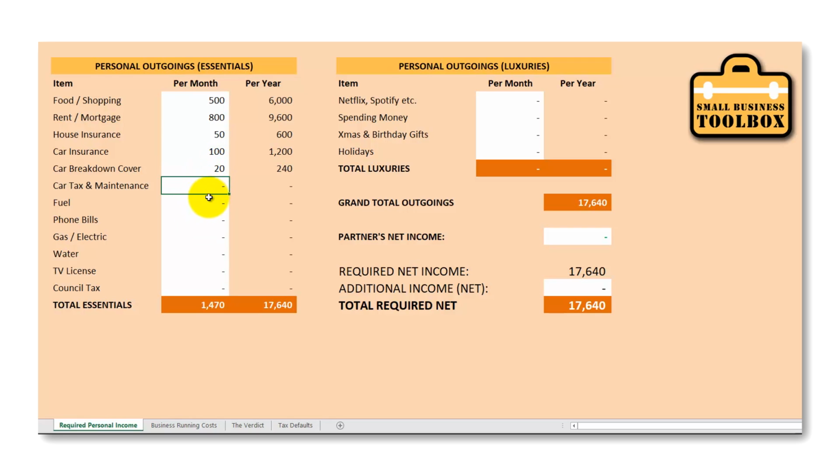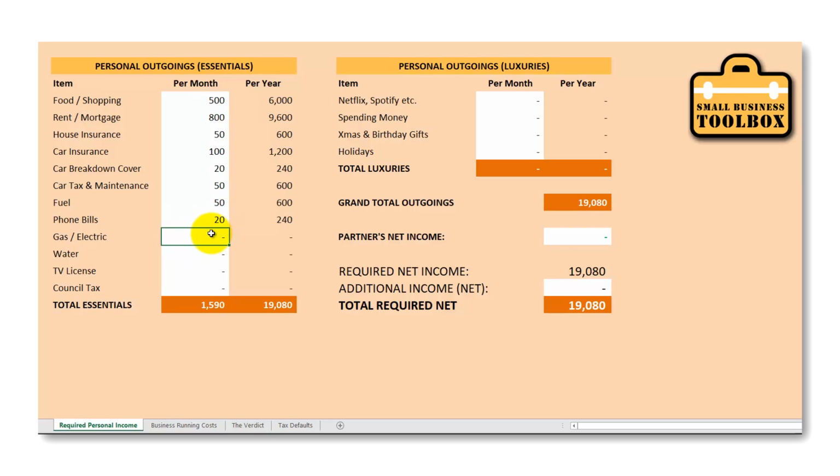Car tax and maintenance, easily £50 a month. Maybe more. Fuel, I would personally allow for about 200 a month on fuel. Oh, well, this is personal fuel, so this isn't your business fuel. So let's say £50 a month on personal fuel. Your own personal phone bills, what, £20 a month?